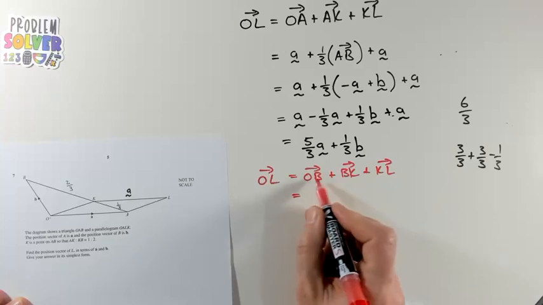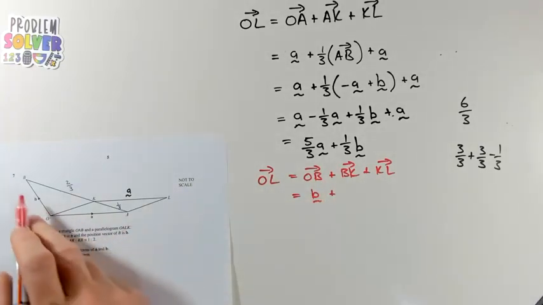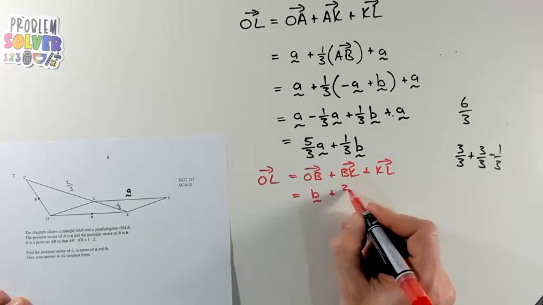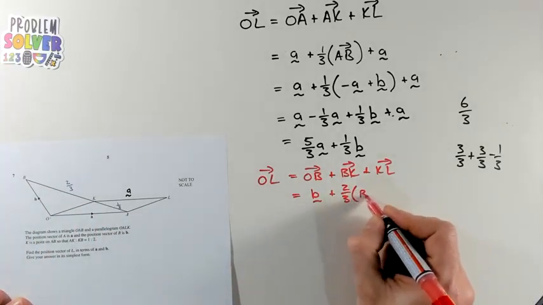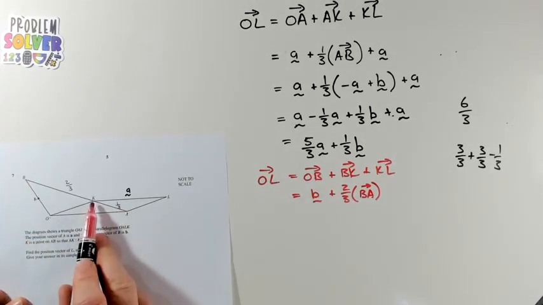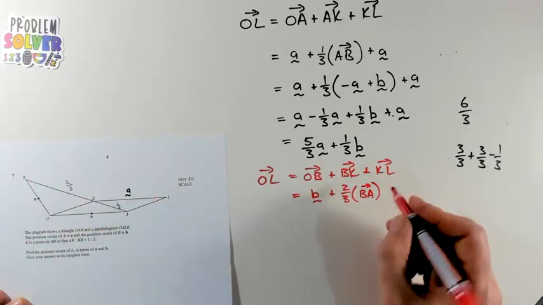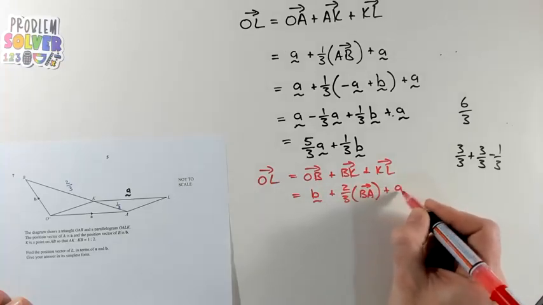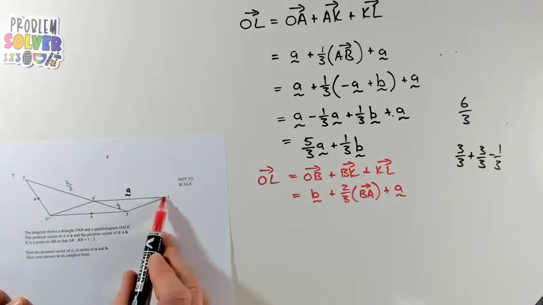That should be fine. So OB is easy. That's just B. BK is 2/3 of BA, and then KL is just A again, because it's a parallelogram, so that part is going to be the same as that part.